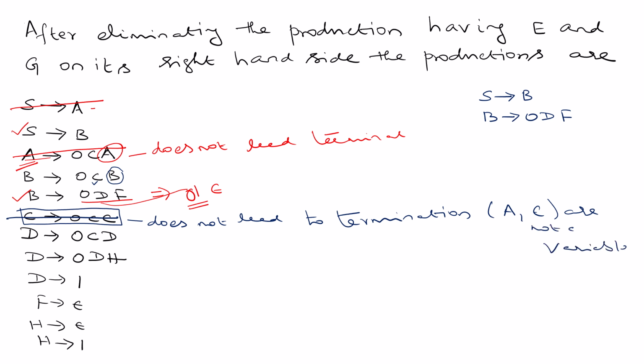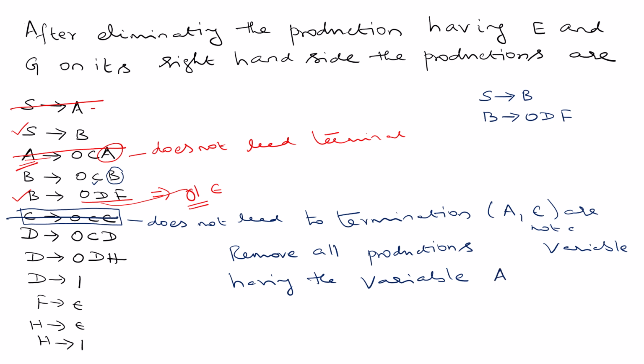So we want to eliminate all the productions involving A and C. So remove all productions having the variable A and C on its right hand side.